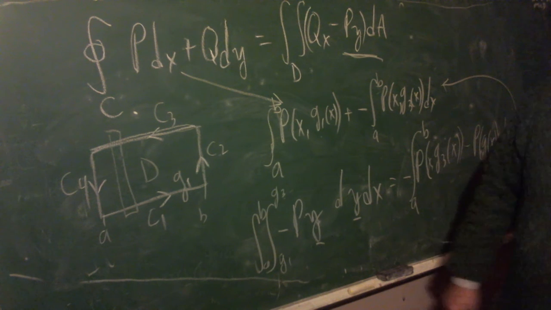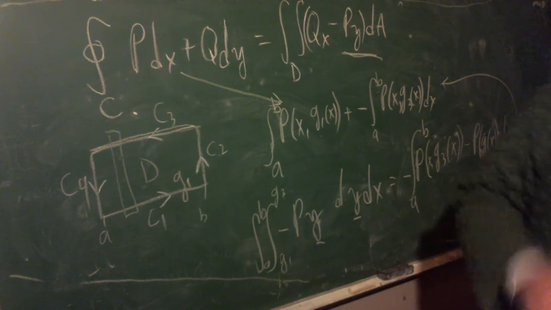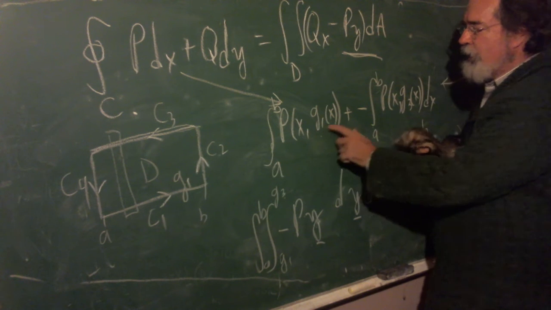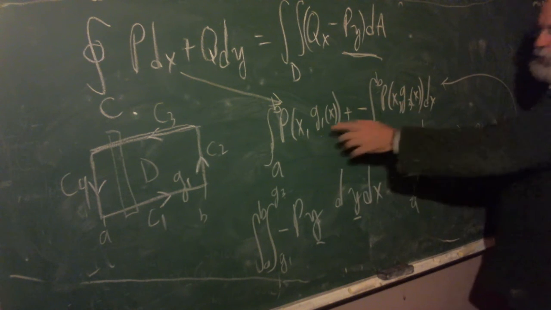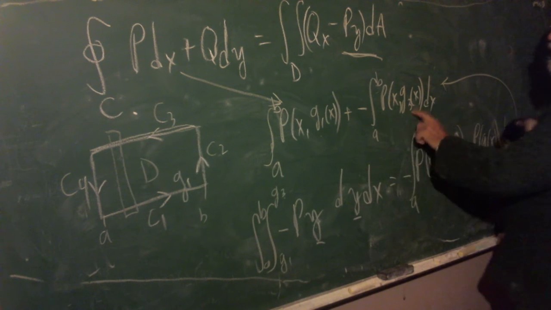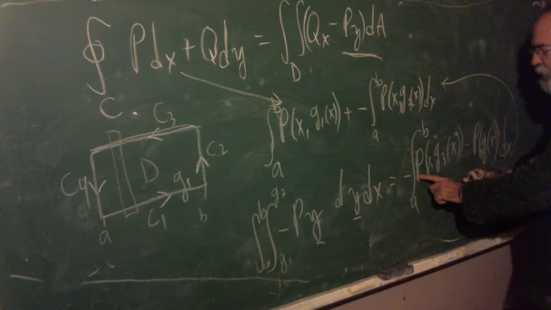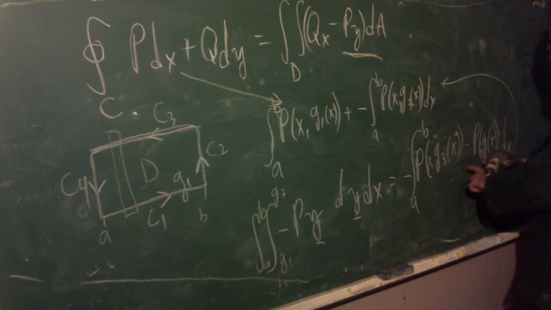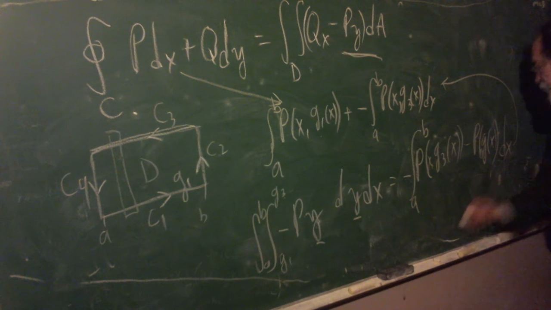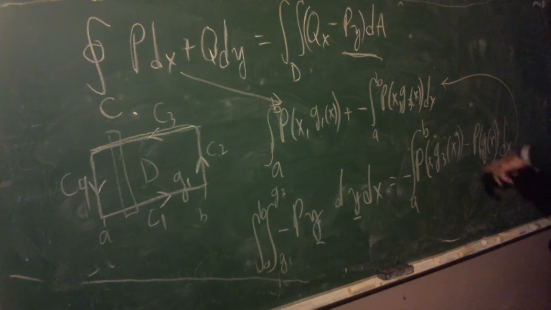So you've got the situation P of x, G1 minus P of x, G3. And here we've got minus P of x, G3 plus P of x, G1. That's a G1 right there. So it's the same. The P stuff matched up.